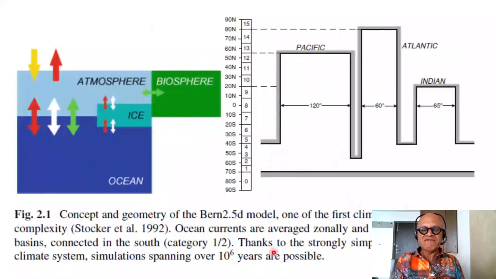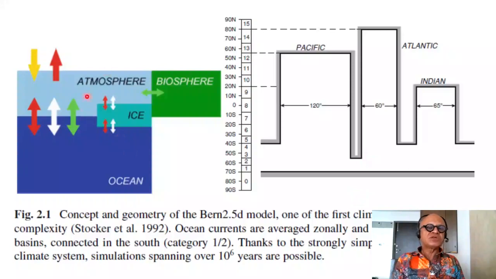Thanks to a strongly simplified depiction of the climate system, simulations spanning over 10 to the 6 years, so million years, can be carried out. So the Pacific Ocean and Atlantic and Indian Oceans are prescribed with various latitudinal extents, and they are all connected by the rendition of the Southern Ocean.